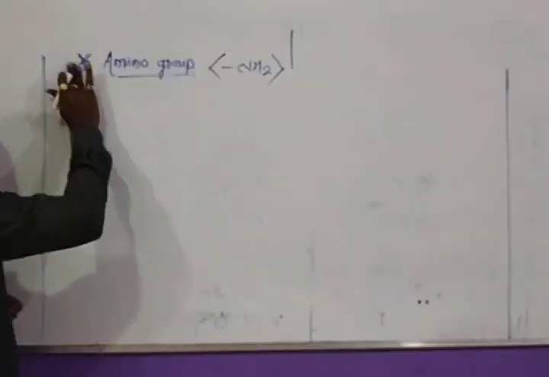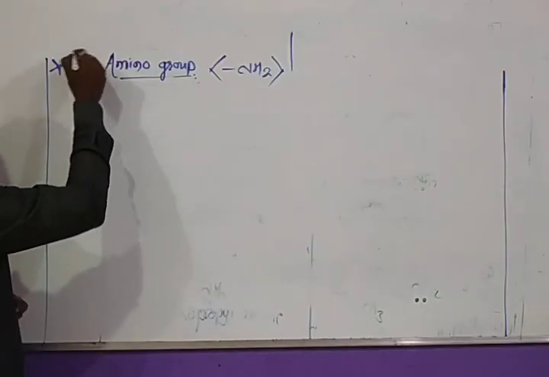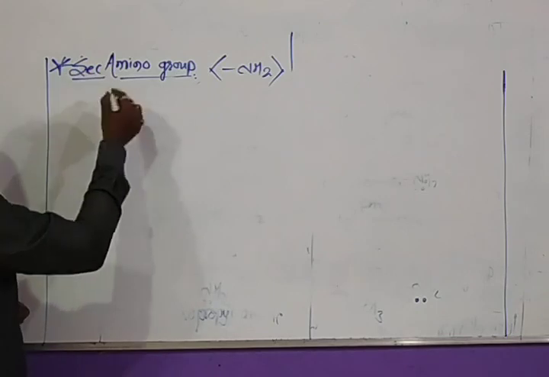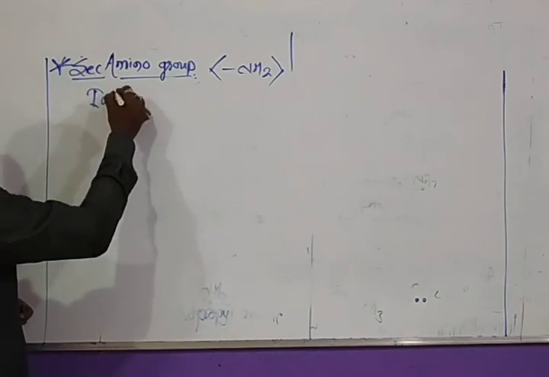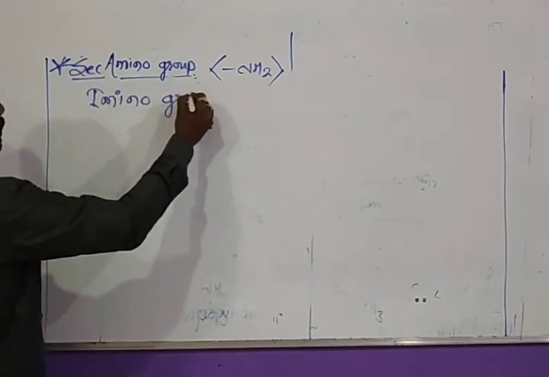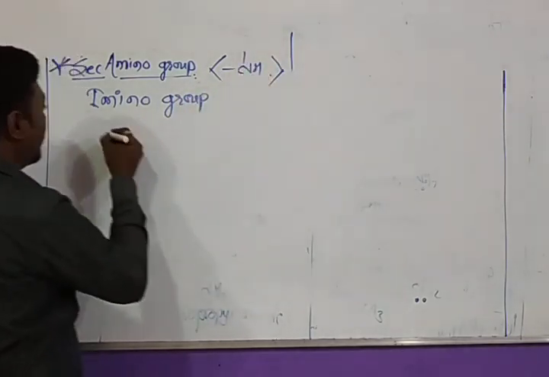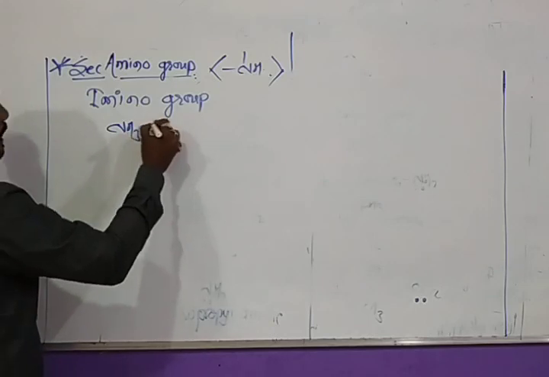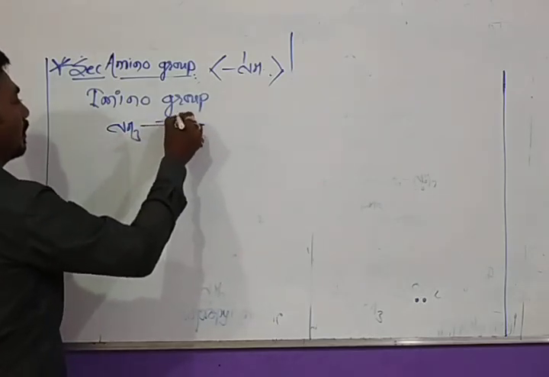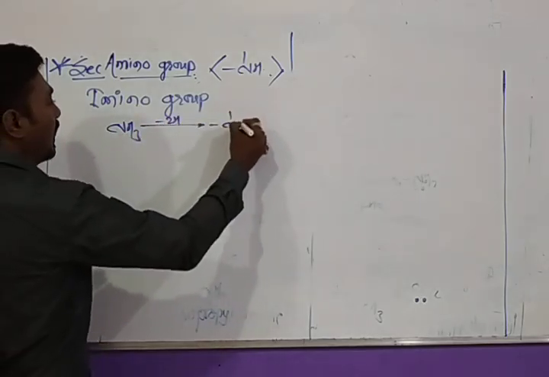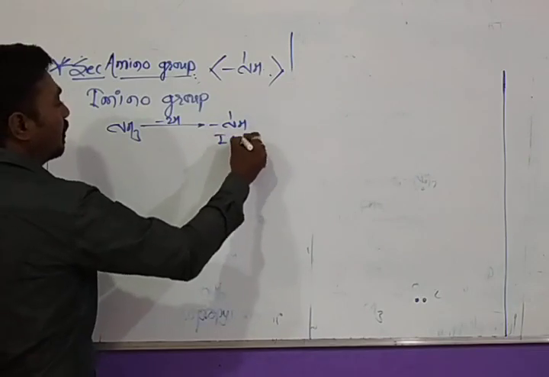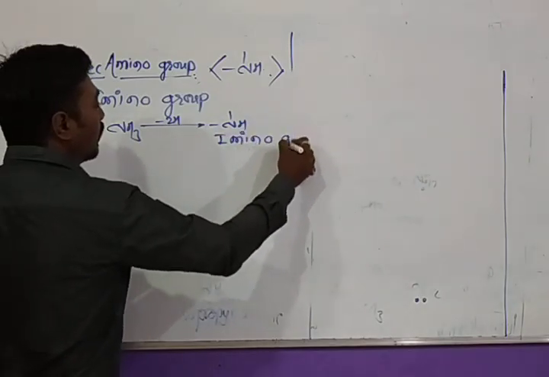The secondary amino or imino group is formed by removing two hydrogen atoms from ammonia, and thus we get the imino group.